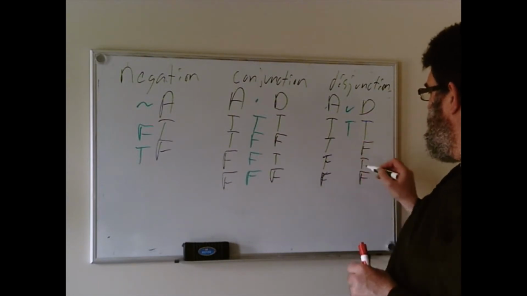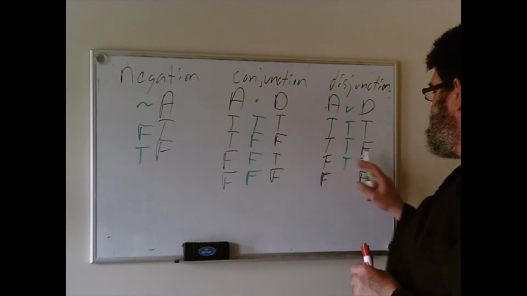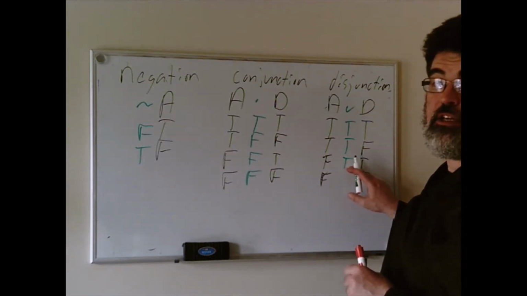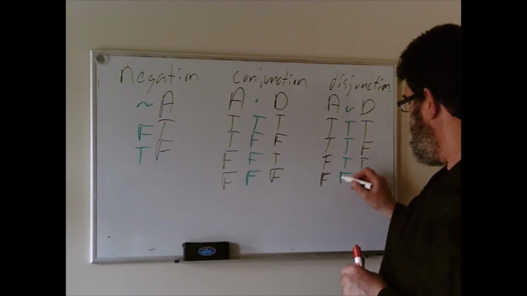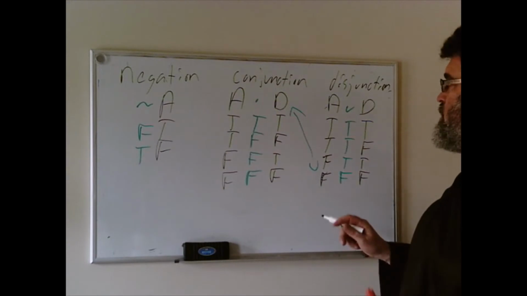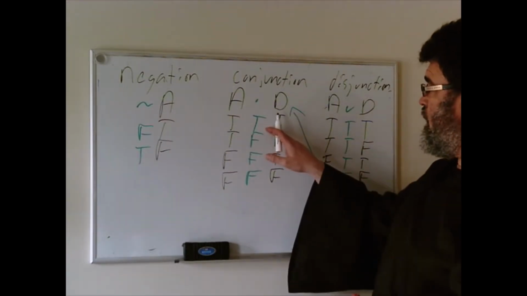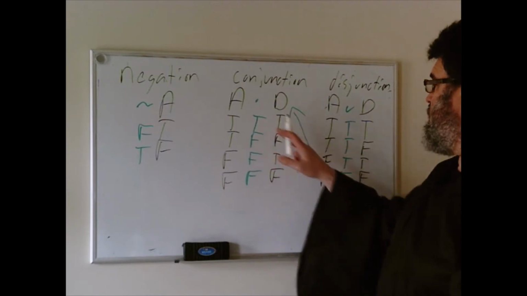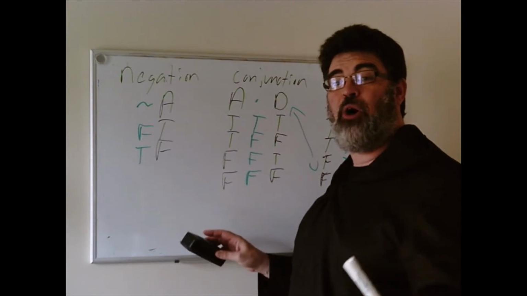But if only one side is true, if either A is true and D is false, or A is false and D is true, it's still true. A disjunction is only false if both sides are false. So a disjunction and a conjunction are the opposite of each other. A conjunction is only true if both sides are true, and a disjunction is only false if both sides are false.